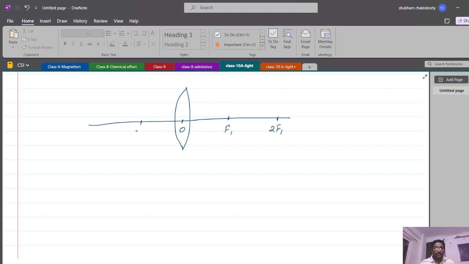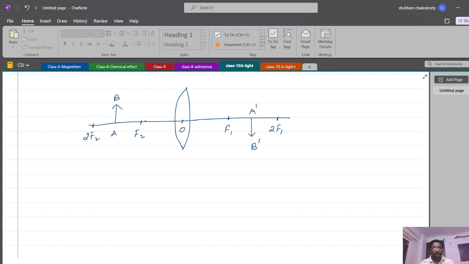Here is the second focus f2, and we've got 2f2. Imagine the object is kept here. Let's call it AB. Where will be the image? It would be somewhere about here. Let's call it A dash B dash.